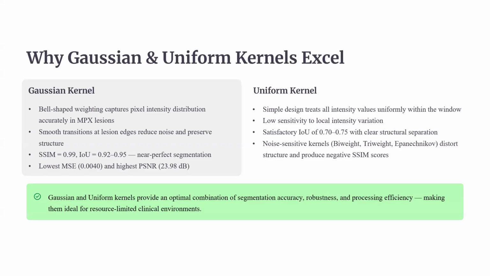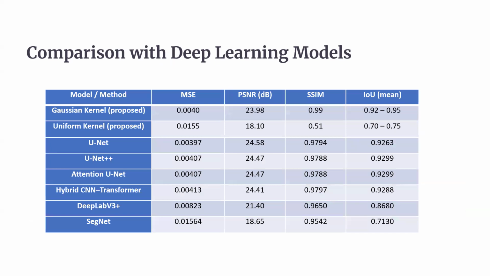This explains why the margin of a lesion exhibits a smooth shift in intensity. Consequently, this accounts for the elevated SSIM of 0.99 and Jaccard of 0.92 to 0.95.